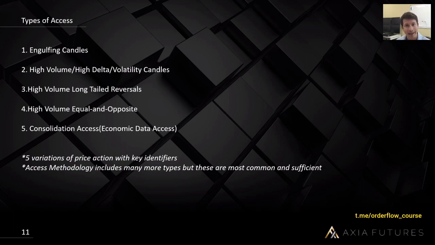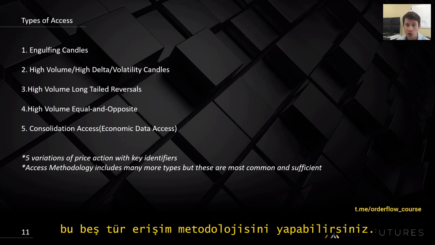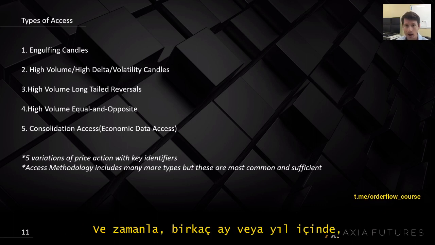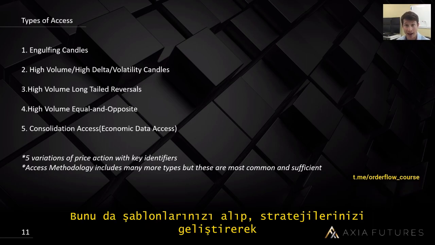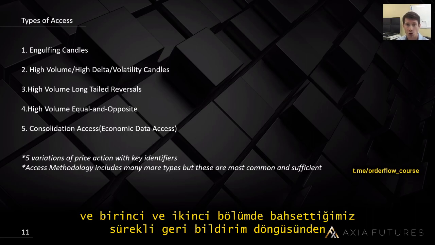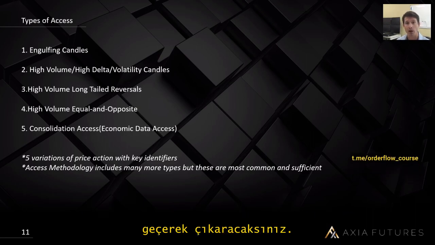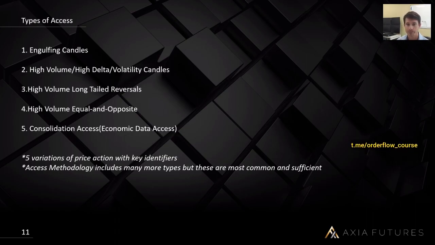Make sure that you can do these 5 types of access methodology, and in time, in a couple of months and a couple of years, you can then add on your own types of methodology, which you will extract by going through this constant process of taking your templates, developing your strategies, and going through that feedback loop we spoke about in part 1 and 2.